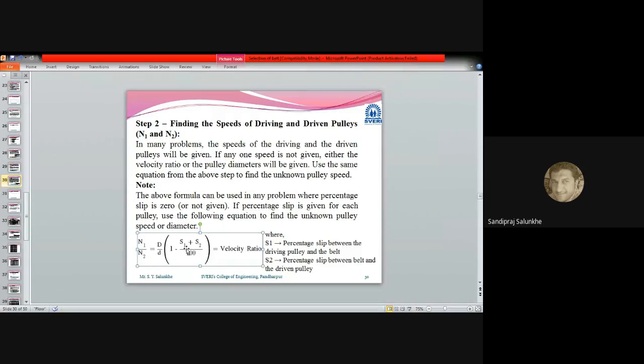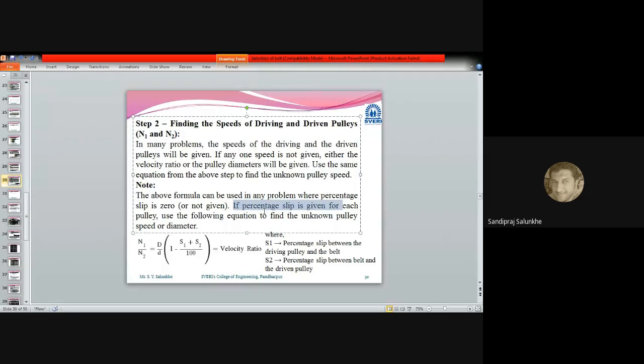What does it mean? Let us understand. In some problem statements, the percentage of slip is given for each pulley, and this percentage of slip is directly used to calculate the velocity ratio.